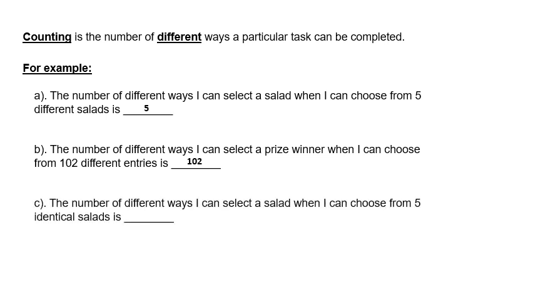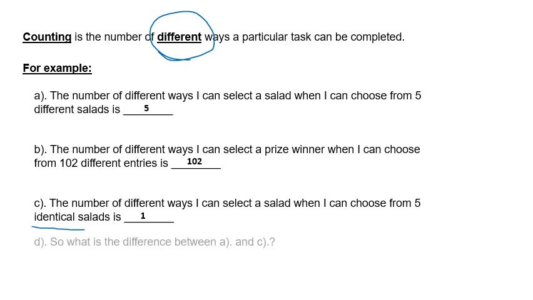C. The number of different ways I can select a salad when I can choose from 5 identical salads is, pause the video, only one way, because counting is the number of different ways a particular task can be completed. Well, the salads are all identical, so there's only one way.